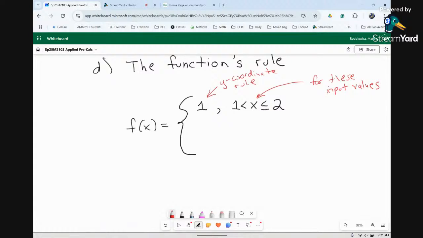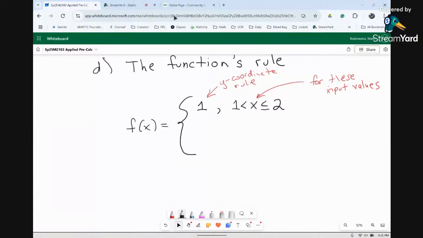So final hint, this piecewise function is going to have a second and a third rule, a second and a third restriction, because there's 3 pieces. I don't see many people writing. A couple of us still are.